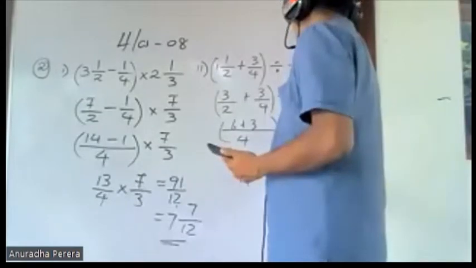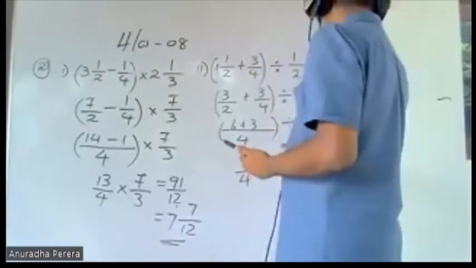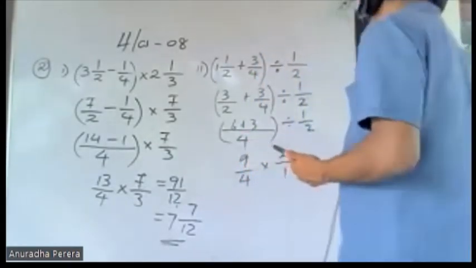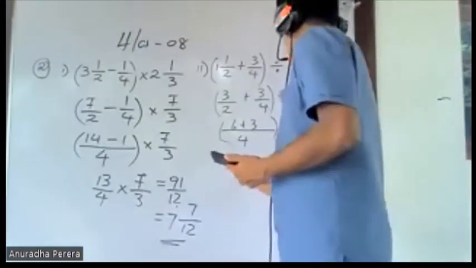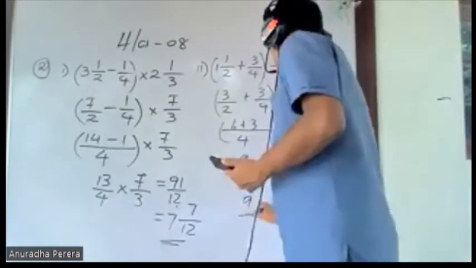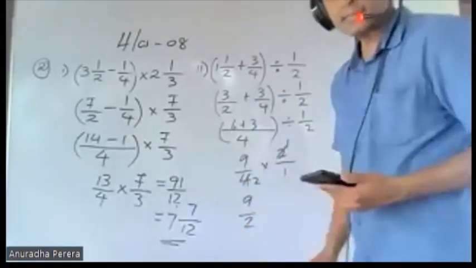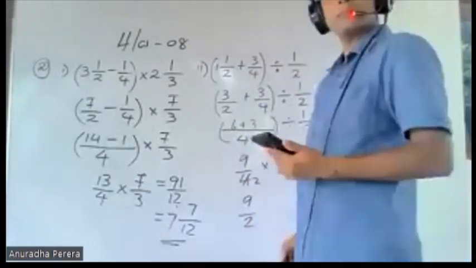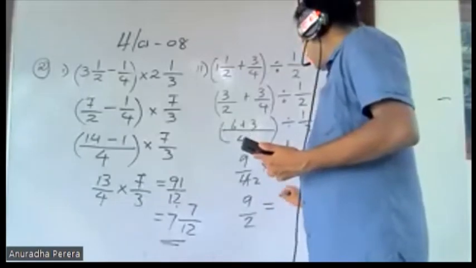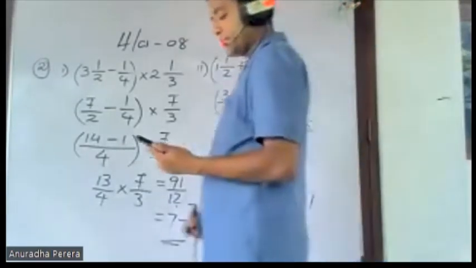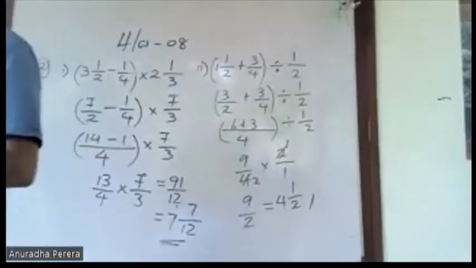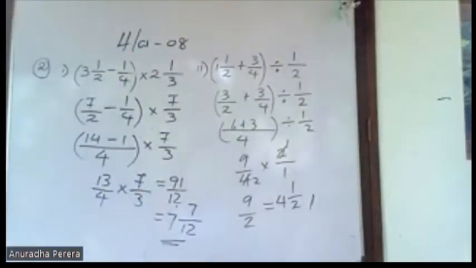Multiplied by the reciprocal. Reciprocal is 2/1. Simplify by 2. 9/2 as a mixed number, 4.5. Did you get the answer 4.5? Yes, sir. Right.